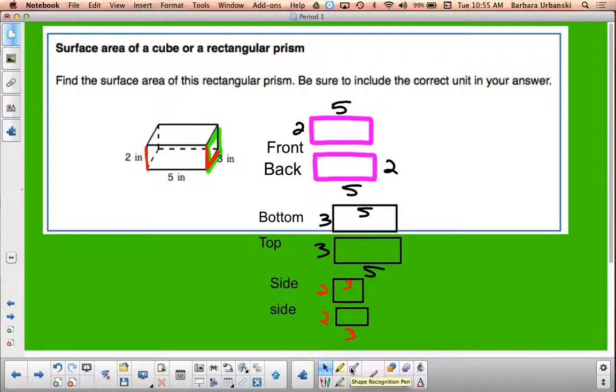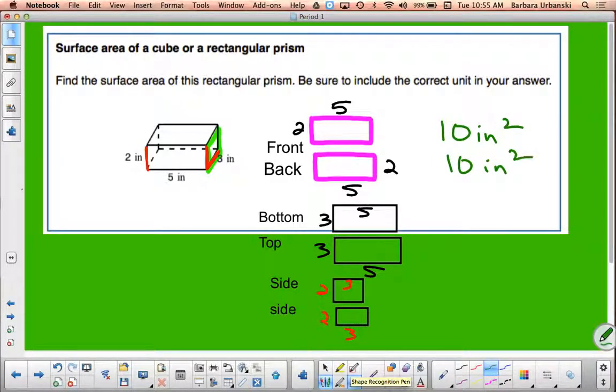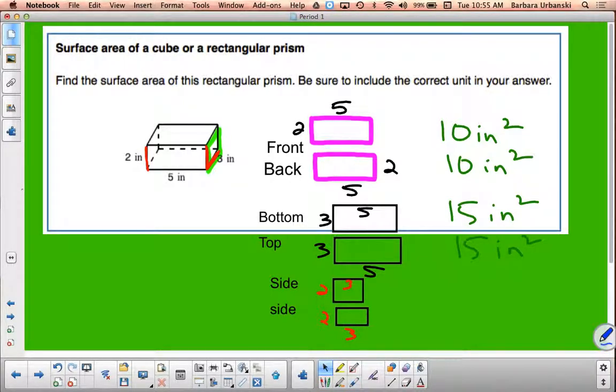But we would know that the area, starting up here with the front, 2 times 5 would give us 10 inches squared. And then the back would be 10 inches squared. The bottom is a 3 by 5, so we have 15 inches squared, also 15 inches squared. And then looking at the side, a 2 by 3, we have 6 inches squared, and another 6 inches squared.